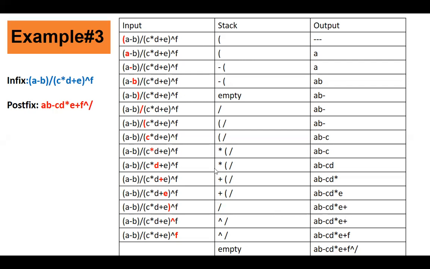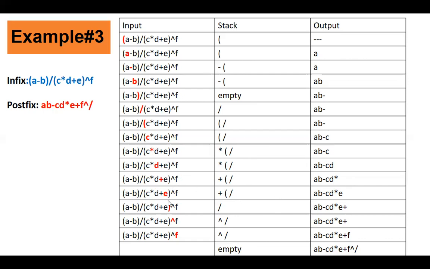So pop out this symbol, add it to the output, and then if there are more symbols, compare again. There is no symbol right now, just the single symbol, so add it to the output and push the plus operator onto the stack. Now next what you read is again an operand, so directly add it to the output, stack remains unchanged.